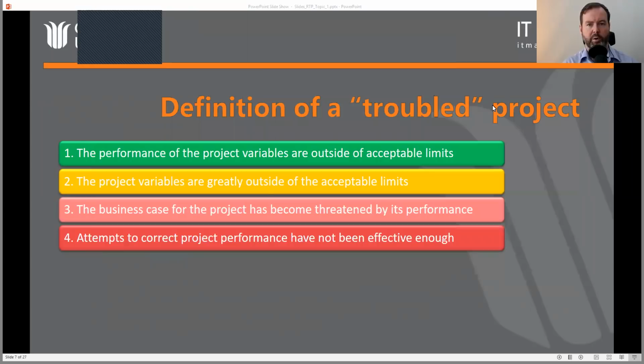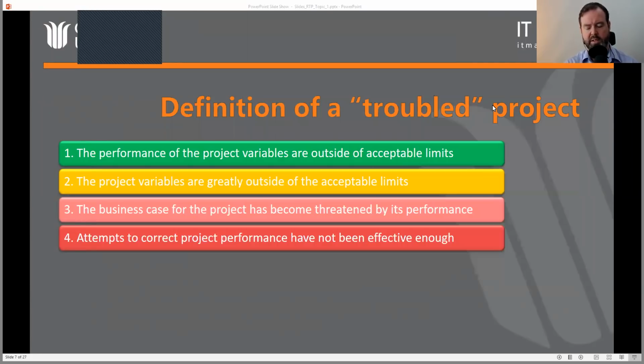At step 4, our project is in that stage where it's being threatened by the various tolerances and parameters, and we're worried about the business case. Then project management, the traditional or whatever project management that's involved, is trying to fix things. And it comes to a point where there's a recognition that what we've been doing so far isn't working well enough.